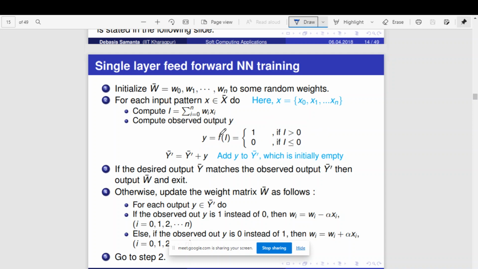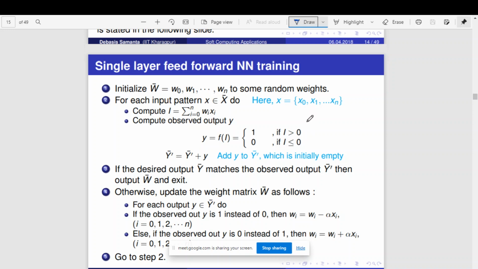We will have multiple sets of inputs. For a particular input, this is the output you are getting, and we add it to y dash, which is a collection of observed outputs. x dash represents all the inputs. Once you do this for all the inputs, y dash will have all the observed outputs.